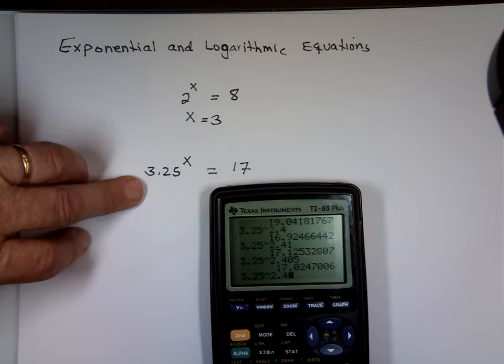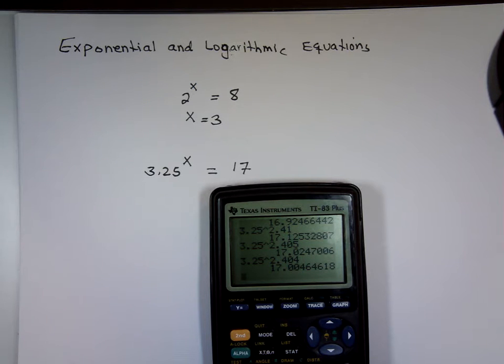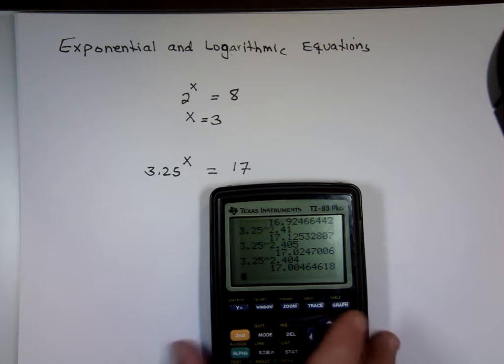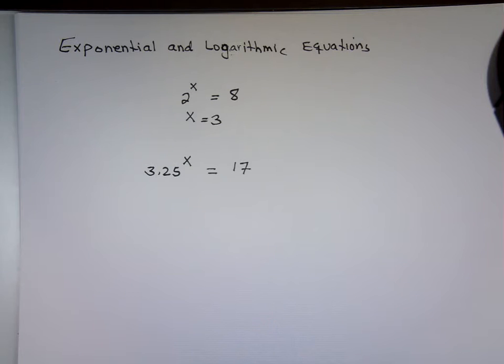I said 2.405 is high. How about 2.404? Oh, getting closer. 17.00. But if I want 6 decimal places, I'm in trouble. That'll be the whole night. I can do this in less than about 40 seconds.